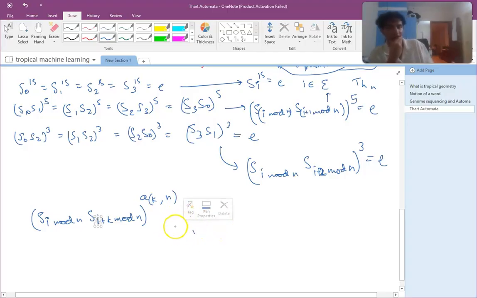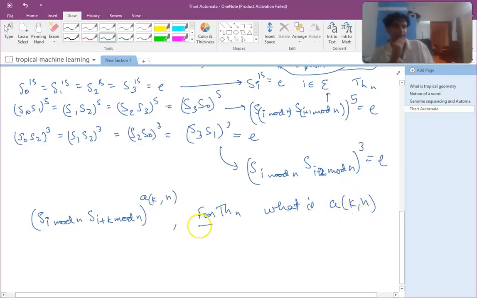And for a given third, for the n, what is k of n? So this is some information that would be interesting to us.